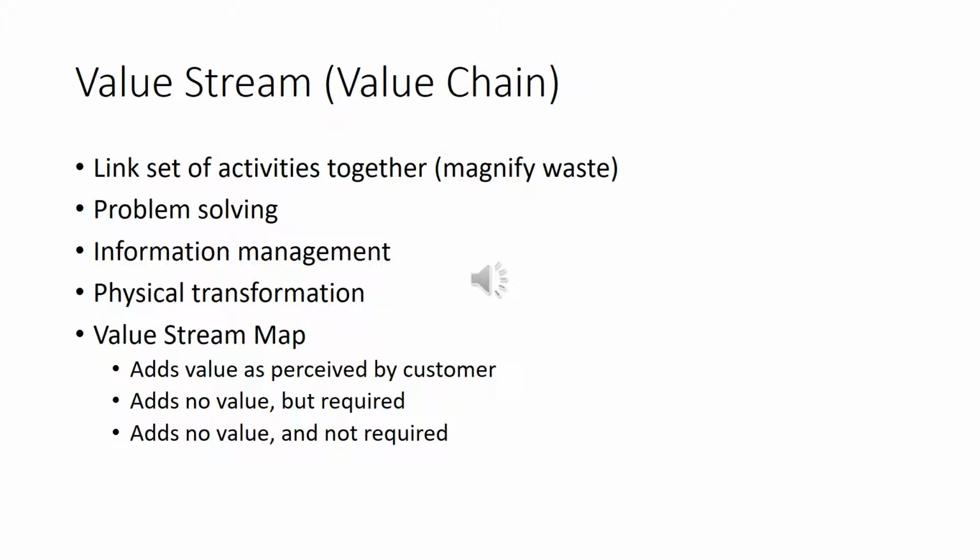If you've got a problem and it's interrupting the value stream, you've got to fix it. Information's huge, right? Information is value. So you want that to flow freely. Physical transformation. This is where you actually take a product and move it about or change its form, shape, or function somehow. Again, value stream map is what we're going to talk about next.